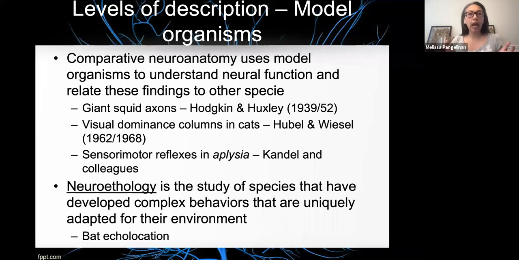We simply don't have the sensory and cortical structures that underlie those types of functions, but they're still important for us to understand in terms of spatial awareness or auditory processing. So these special species that have unique sets of sensory and motor apparatus can be used under the umbrella of neuroethology.